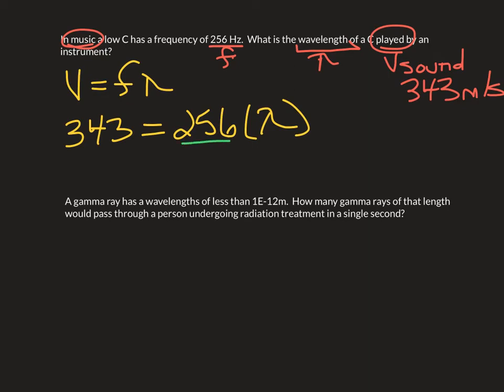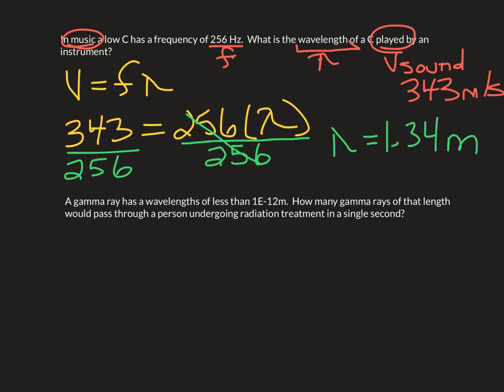So in order to get it by itself, I need to take that 256 and move it to the other side through division. So 343 divided by 256 gives us a wavelength of about 1.34 meters. And this actually comes into play as to how long the instrument has to be.